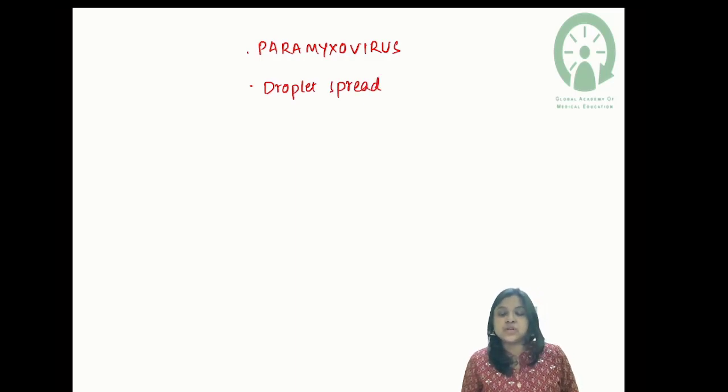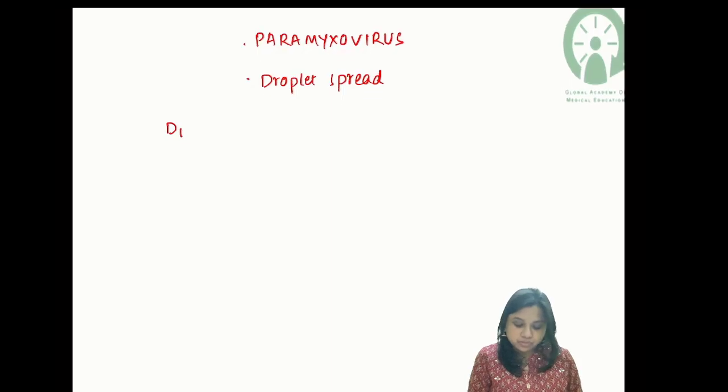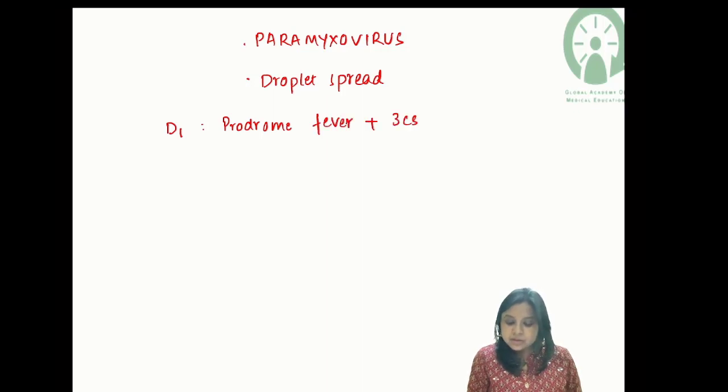Next, we need to remember the clinical signs and symptoms that you get in case of measles, right? So on day 1, usually we get prodromal features. There is going to be fever along with 3 C's, that is cough, coryza and conjunctivitis.